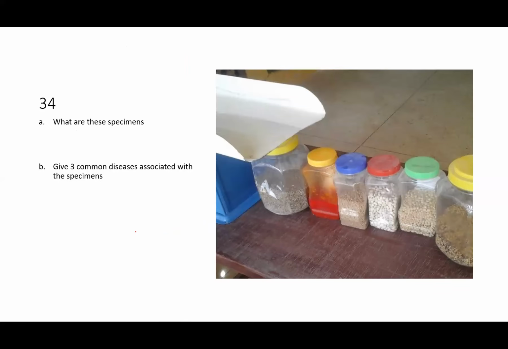What are these specimens? Though they are not very clear, you can see they are food specimens: millet, soya beans, beans, palm oil, rice. They are samples of food items. Look at a weighing scale here, an infant weighing scale. Give three common diseases associated with the specimen.